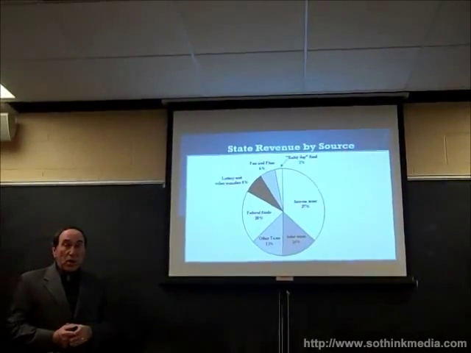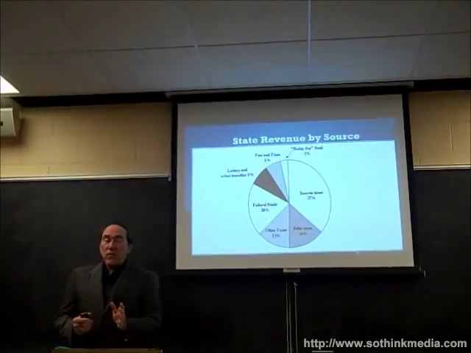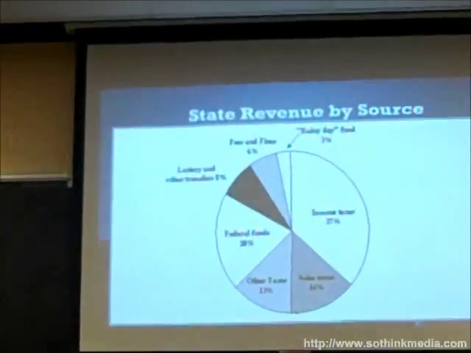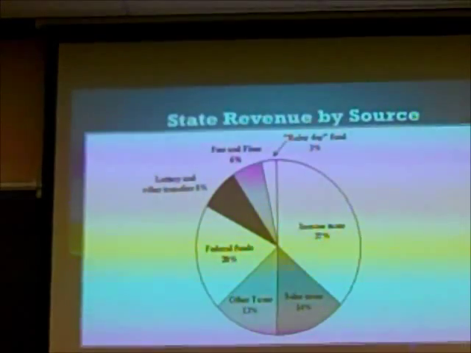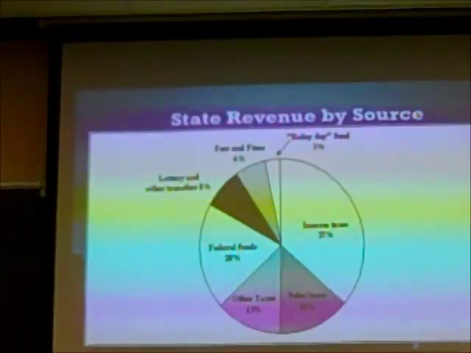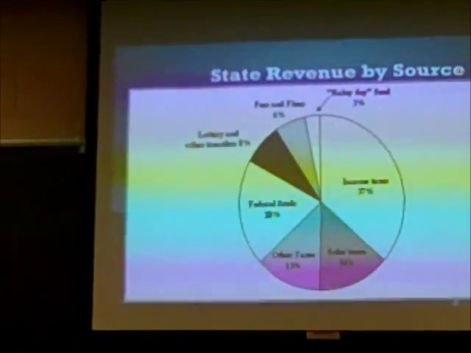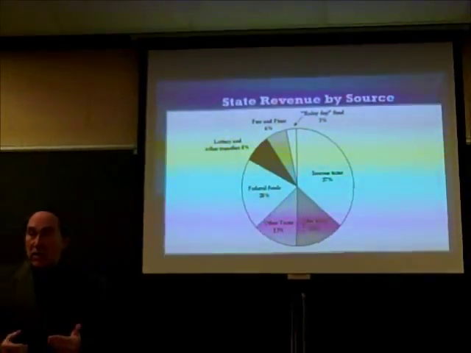Here is a chart that looks at the sources where the state collects their funds. And this is a generic chart, and the numbers will vary from state to state.